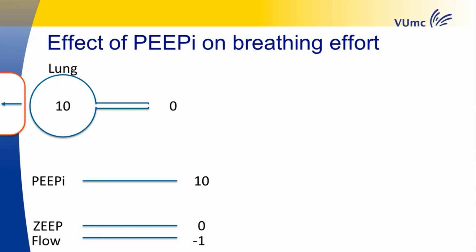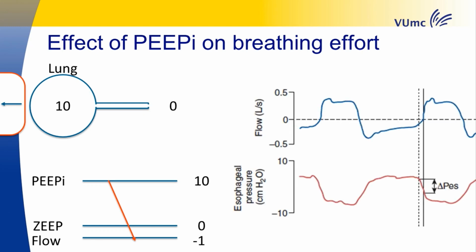That's what I've shown here. So this patient, intrinsic PEEP of 10, tries to breathe in, so he has to drop the pressure in the alveolus first from 10 to 0, and then it has to get negative to get air from here into here. And now if you understand this, you understand how to measure intrinsic PEEP: by inserting the esophageal balloon.